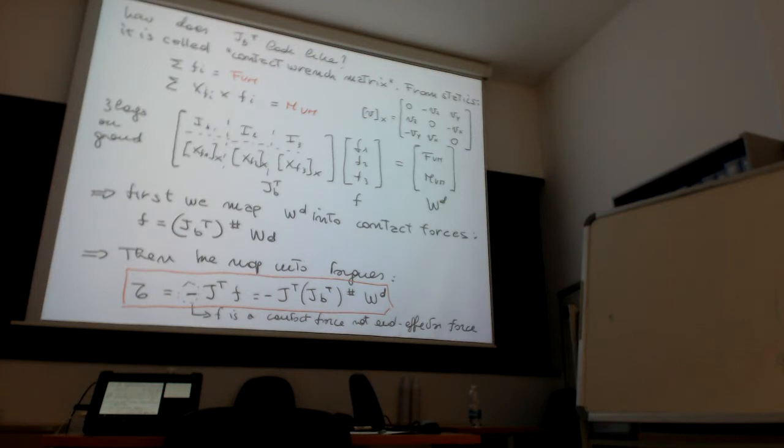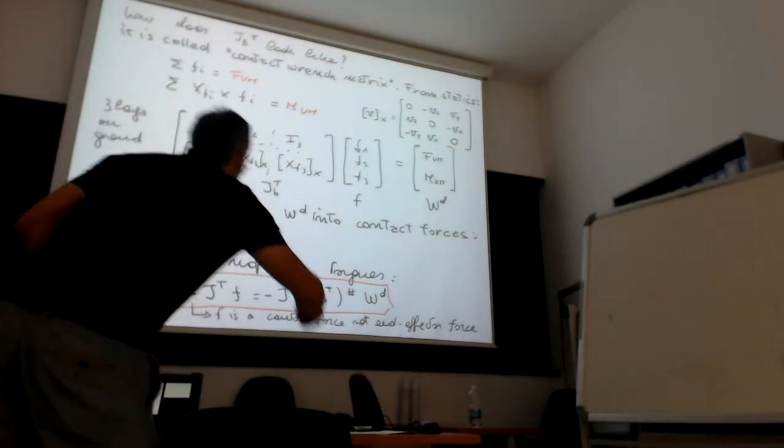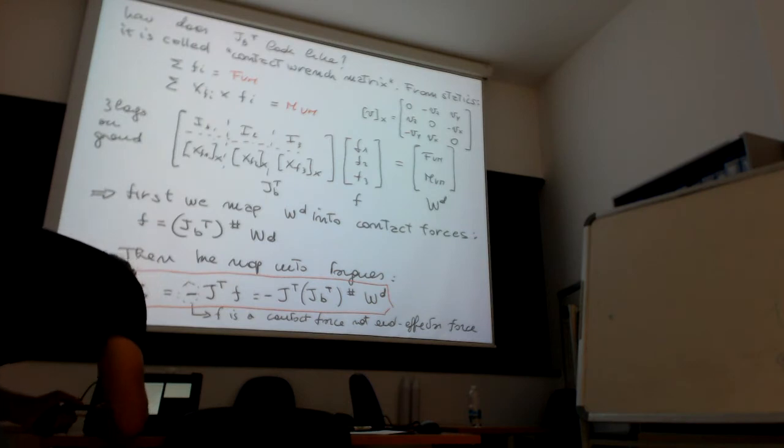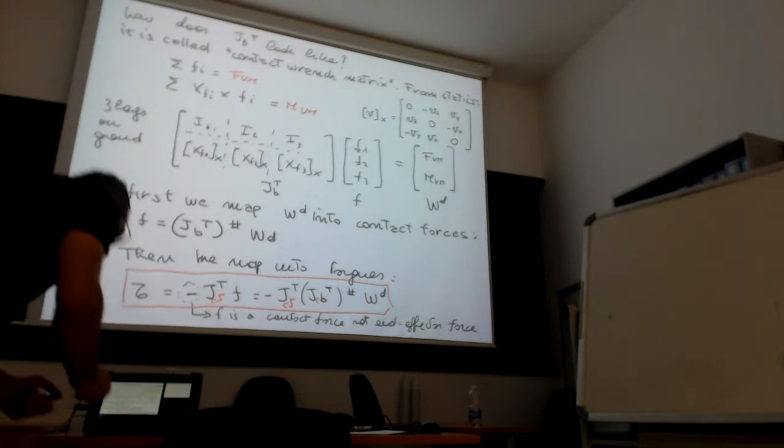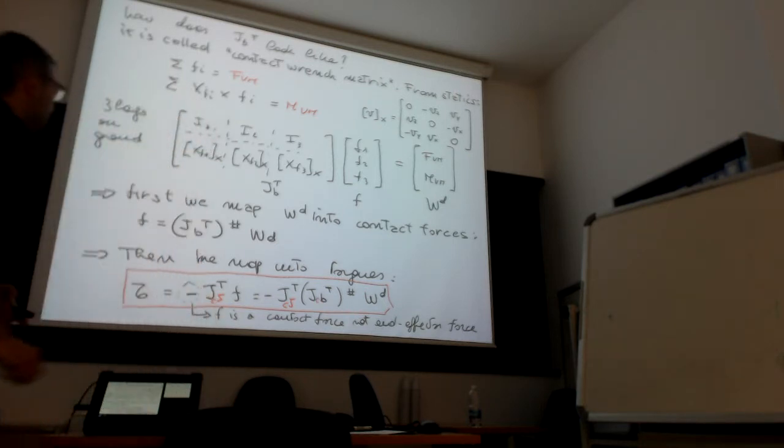Then we can map the forces again into torques through the Jacobian matrix. Note that there is a minus sign here because they are contact forces, not end effector forces, so they should be the opposite when you link to torques. So it is a very simple equation, just a pseudo-inversion.